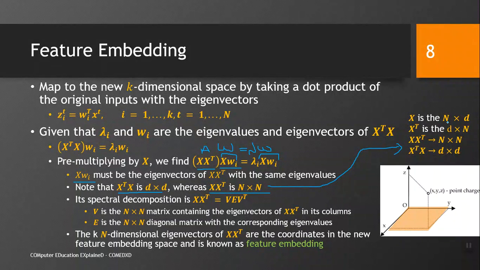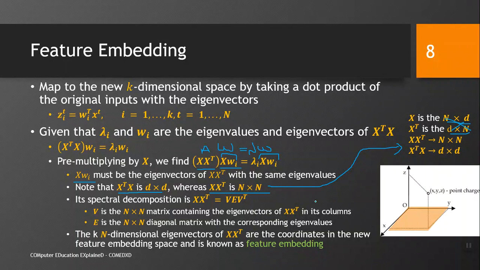X is n cross d and x transpose would be d cross n. Then when we take x into x transpose, it means n into d, then d into n, so it would be n into n. However, x transpose x is d into d, because we get this first, this later on, and these two dimensions would remain and the inner dimension would be crossed out.